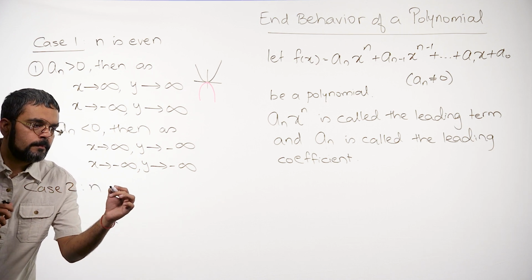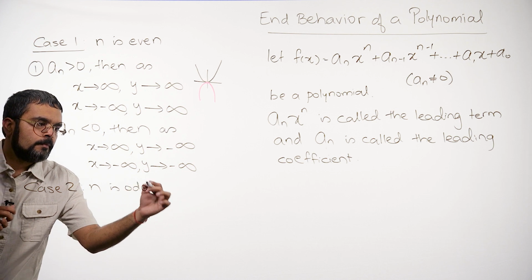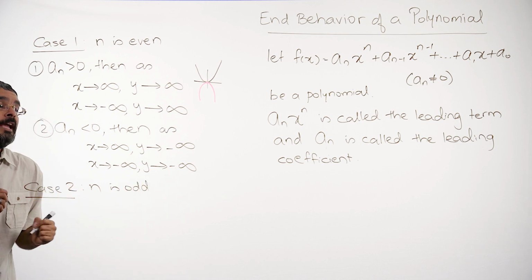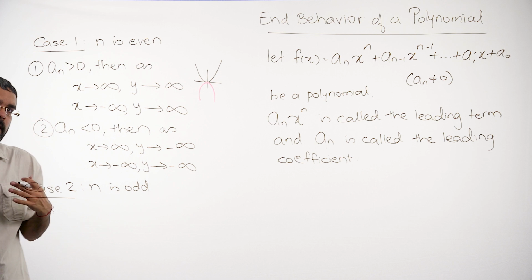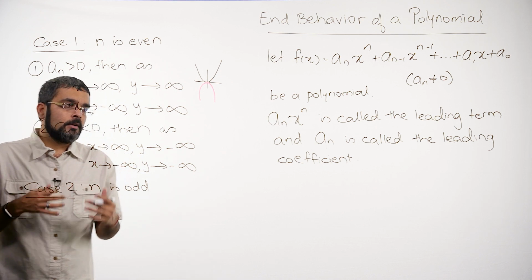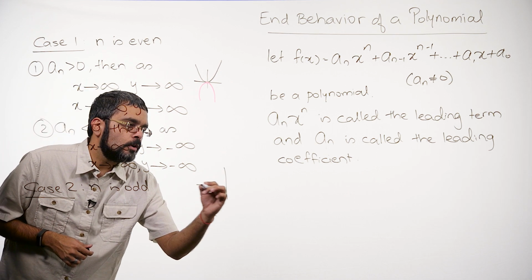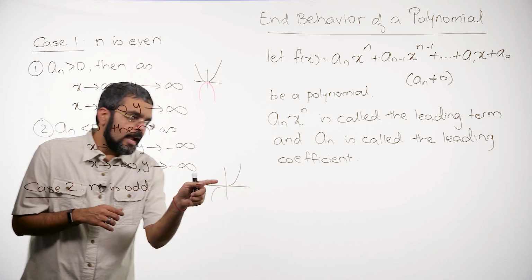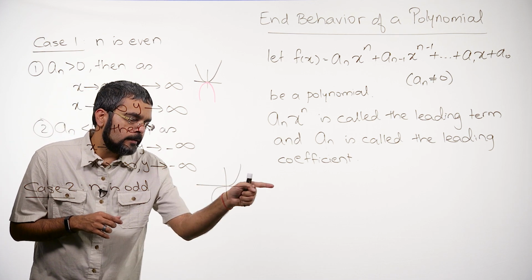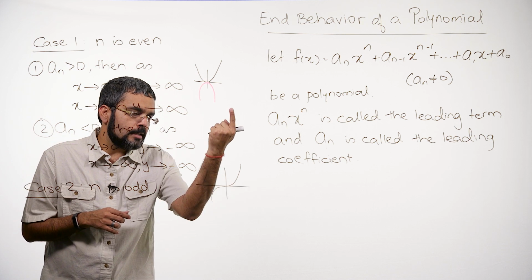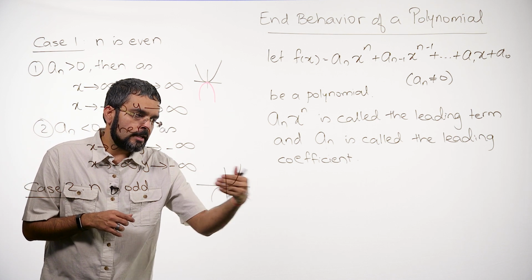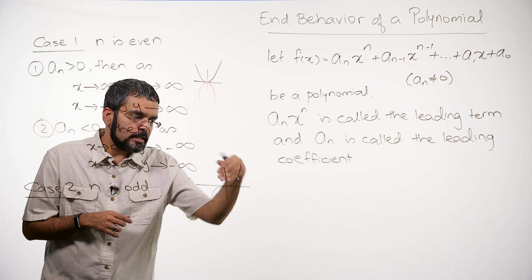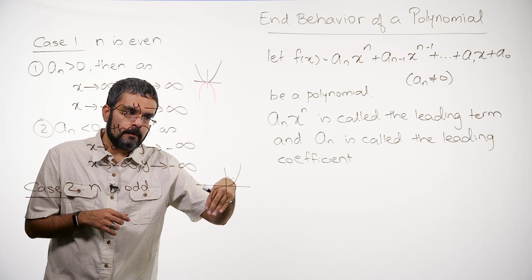Now what if n was odd? Well, if n is odd, then you need to think about the function x cubed. The function x cubed looks something like this. As I go towards positive infinity in x, the function rises up towards positive infinity, and as I go to negative infinity in x, the function falls down towards negative infinity.